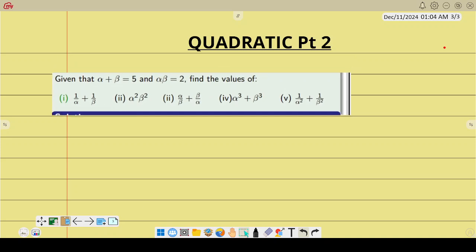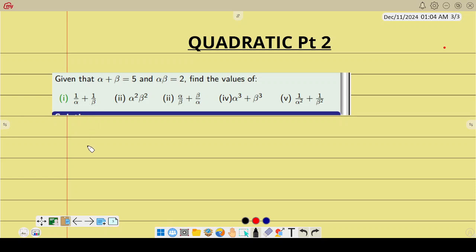So they are simply telling you that. So here, instead of giving you, they could have given us a quadratic equation, and then we find the sum and also find the product on our own. But this is just a simple question requiring us to perform some basic operations. So it's just a matter of simplifying.